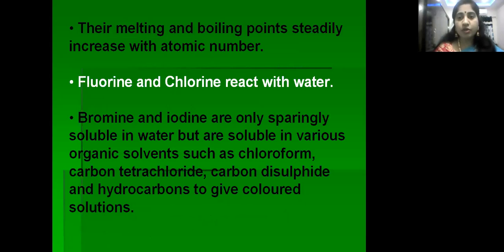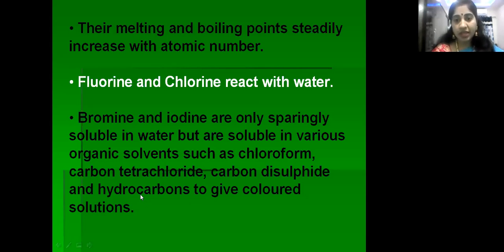Fluorine and chlorine react with water. Fluorine and chlorine both can react with water, but bromine and iodine are only sparingly soluble in water, but are soluble in various organic solvents such as chloroform, carbon tetrachloride, carbon disulfide, and hydrocarbons.